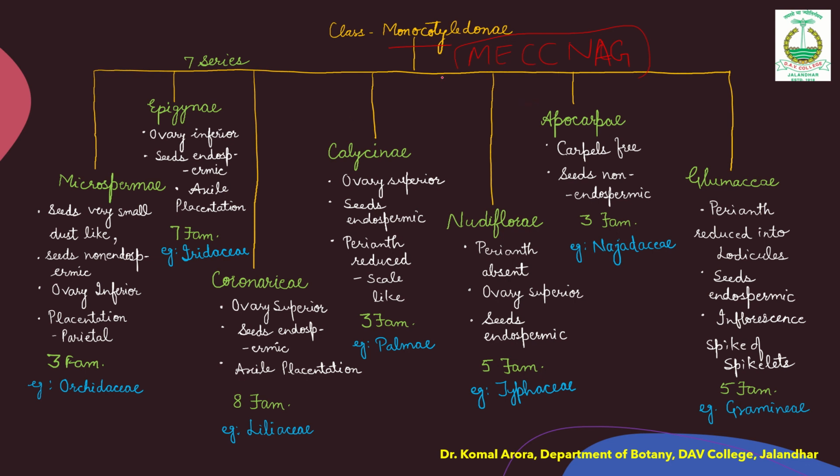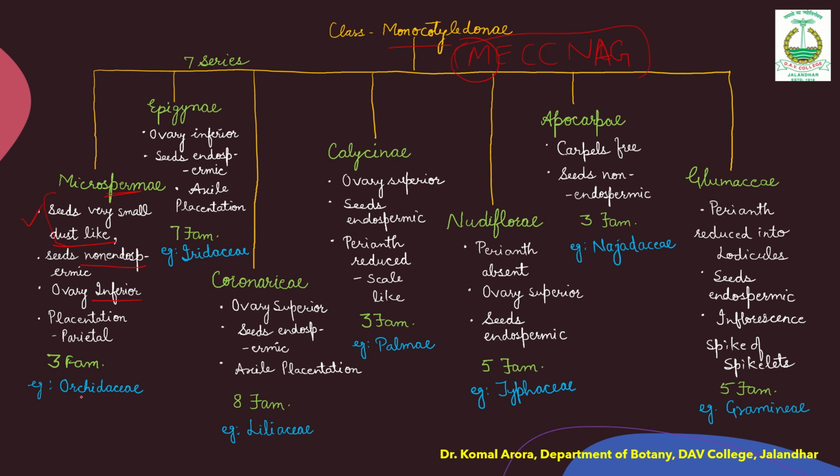So here the first M stands for Microspermae. Spermae here refers to seeds, means seeds are very small. They are dust-like, very small, so there is no chance of endosperm. So they are non-endospermic. Ovary is inferior. You can just remember this first character.